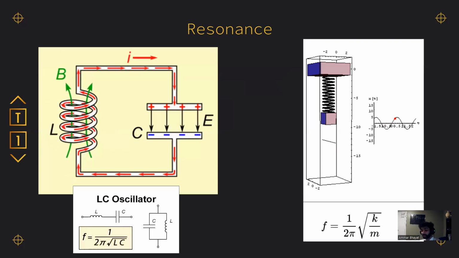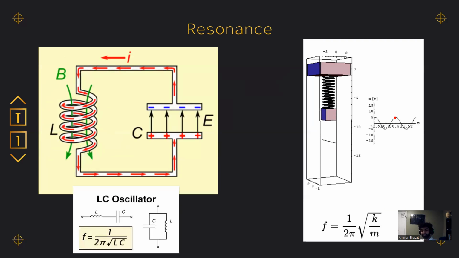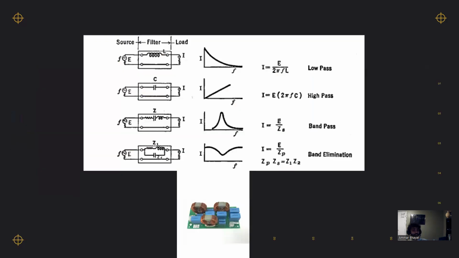The mechanical equivalent to that would be like air resistance, and the electrical equivalent would be like resistance in the connection points between your inductor and capacitor. And we know from circuit theory that we can create filters out of inductors and capacitors if you connect them in different topologies. So you could get band pass, band stop, low and high pass filters.